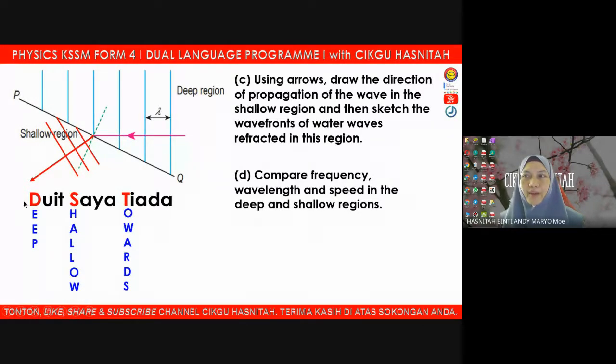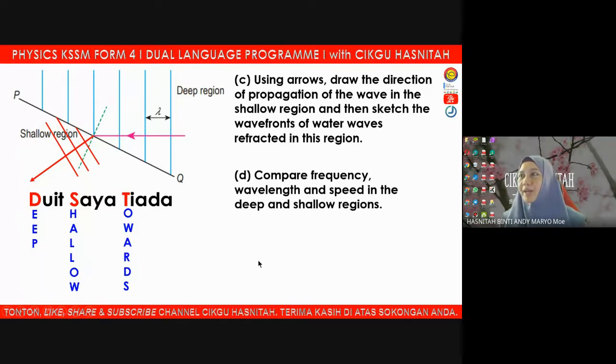When water wave propagates from deep to shallow region, it will refract towards the normal line. If from shallow to deep, remember my keyword, saya dapat ampau. Shallow to deep, propagate away. Ampau is for away. If you get an ampau, you go here and there and want to buy things. If you have no money, you stay quietly at home, towards normal.